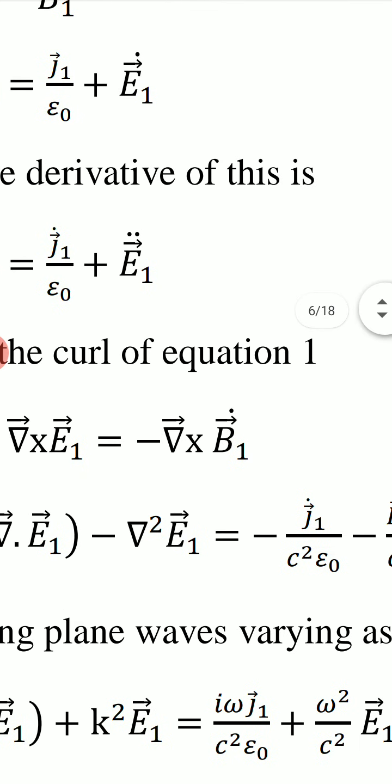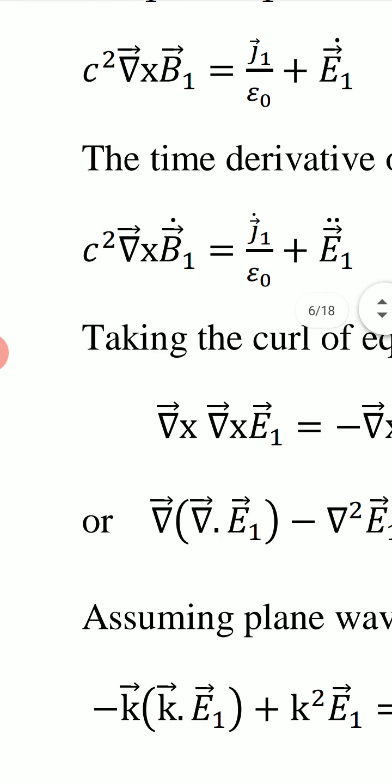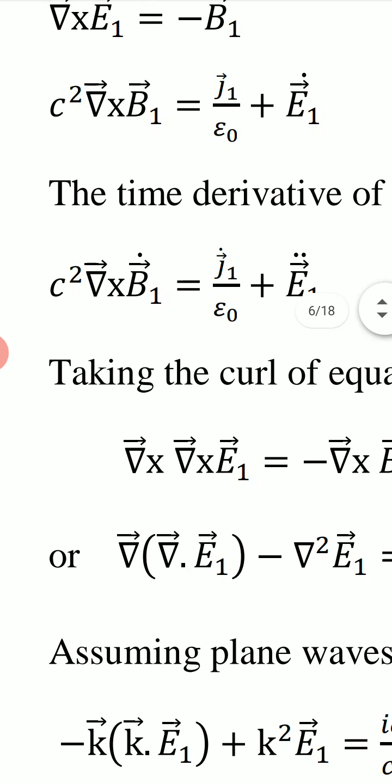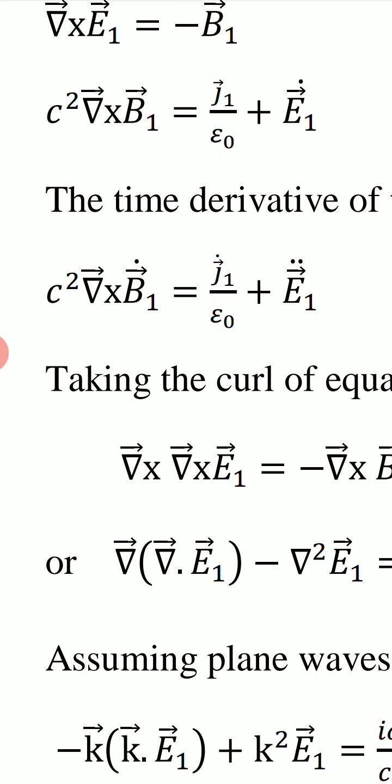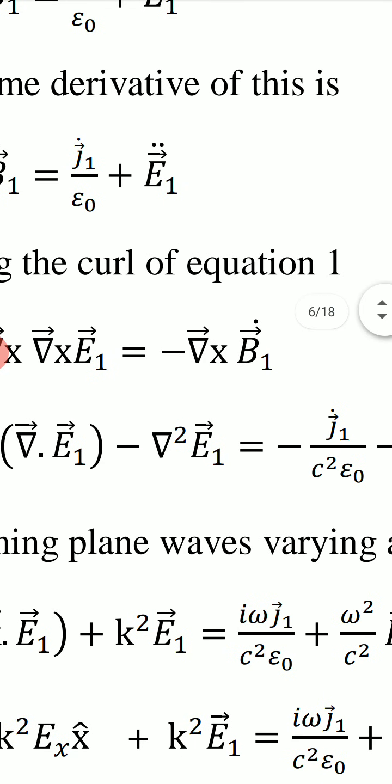Operating the time derivative del upon del t on this equation, we get B1 dot in place of B1, J1 dot in place of J1, and E1 double dot in place of E1 dot. So we get c square del cross B1 dot equal to J1 dot upon epsilon 0 plus E1 double dot.